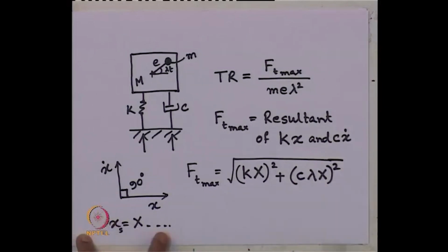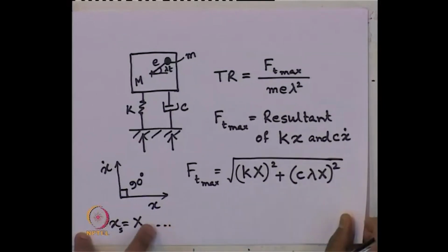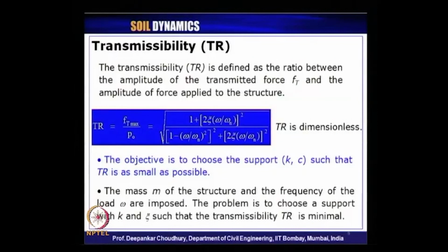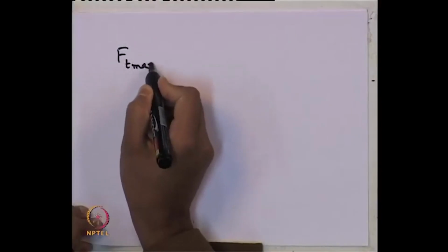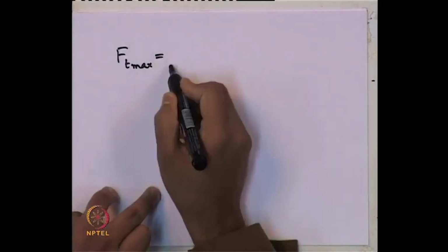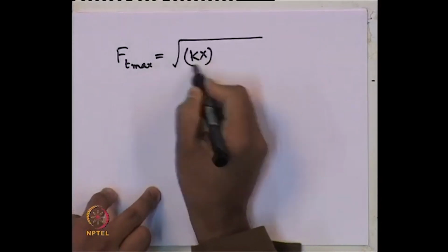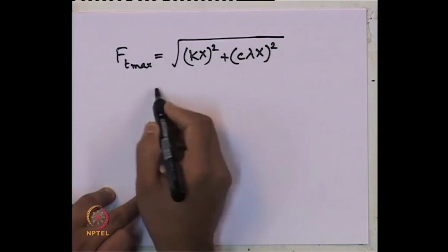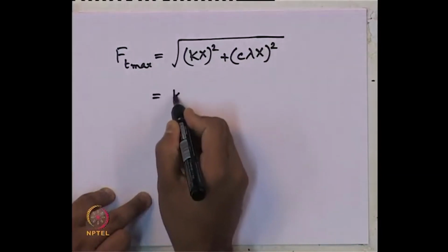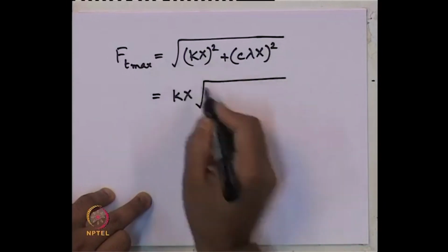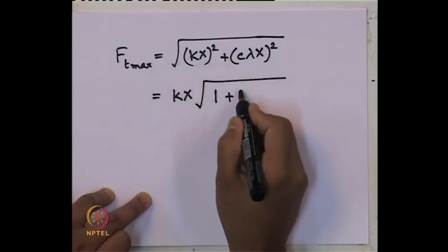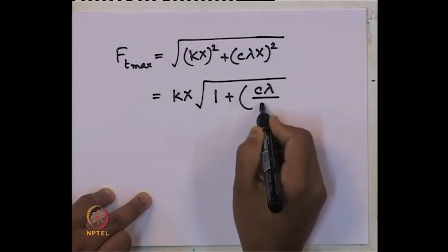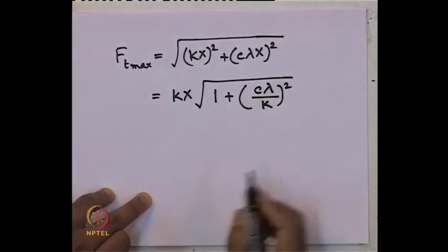Am I right? See, if we simplify this, let me write it here again. So, f t max is given by root over k x whole square plus c lambda x whole square, which we can simplify like this: k x we can take out, 1 plus c lambda by k whole square.